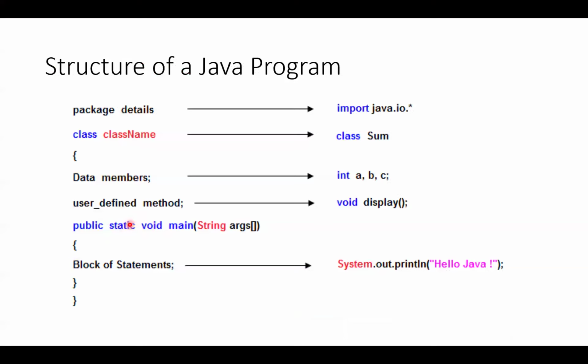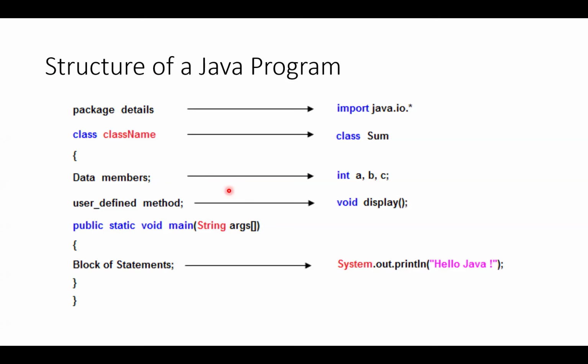And finally, the next word is void. Void is used to tell the compiler what the return value will be once it has executed. You have a set of functions that you want to execute. Do you want this function to return some value, which could be an integer value, long value, or string value?